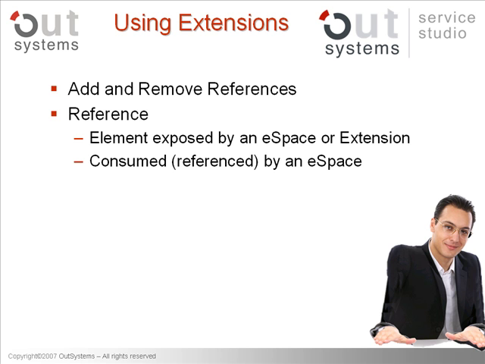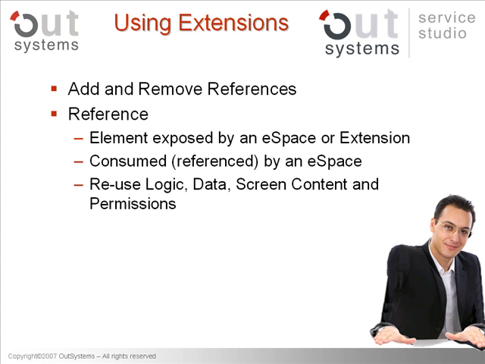Now that we have this sorted out, you understand the importance of referencing elements from other eSpaces and extensions. This allows you to reuse logic, data, screen content, and permissions, for instance, in several eSpaces, through actions, entities, structures, and web blocks, among others.